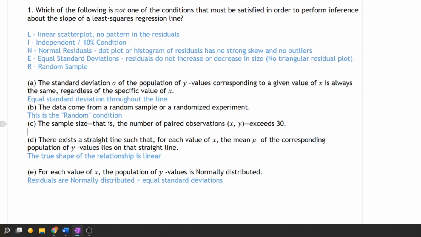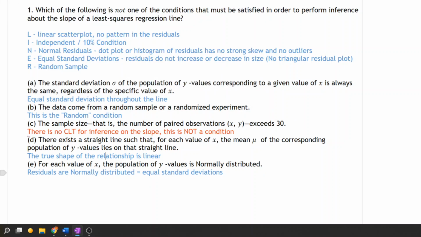That is, there's no central limit theorem when we're talking about a least squares regression line. So since there's no CLT for the inference about a slope, this is not a condition for a least squares regression line inference procedure.